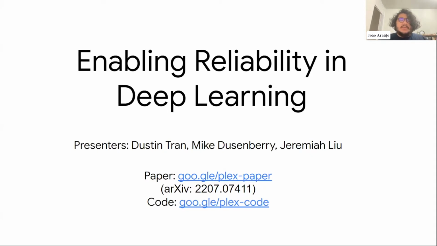We've got Dustin, who has worked on Stan, and Edward 2, and many other extremely important probabilistic software. We've got Mike and Jeremiah, who have done some also truly interesting work on Bayesian learning and bringing that through the era of deep learning. And I'll leave it to them.